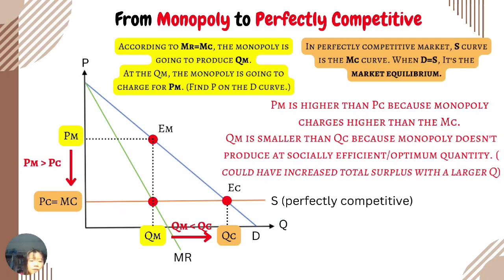So as we can see, the price charged by monopoly is higher than price of perfectly competitive market because monopoly charges higher than the marginal cost. And the quantity of the monopoly is smaller than the quantity in perfectly competitive market because monopoly doesn't produce a socially efficient optimum quantity, or it could have increased the total surplus with a larger quantity.